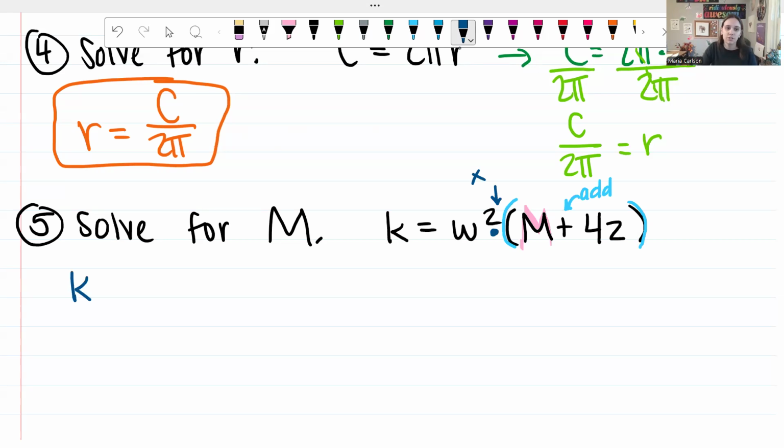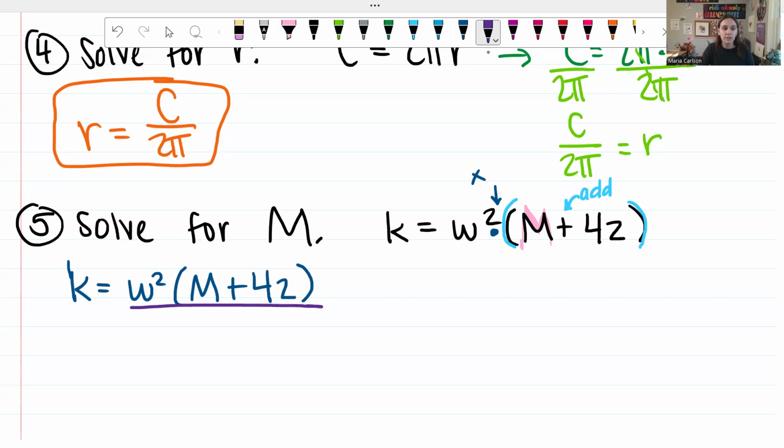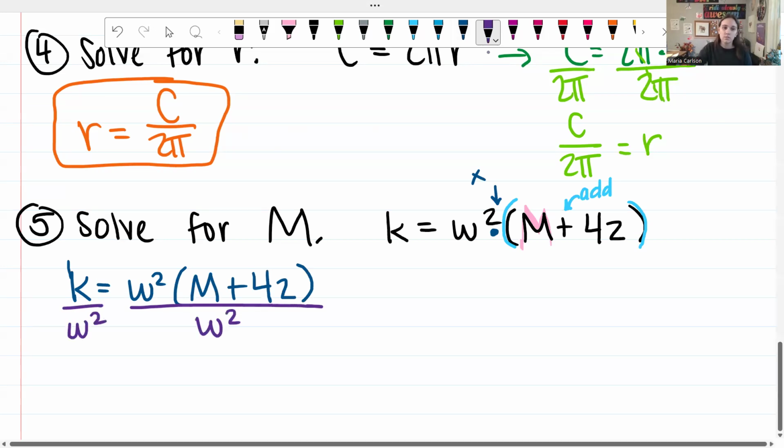So I'm going to rewrite the equation again. I just think that's always such a good step so I can see the original before I start doing a bunch of stuff. All right, so divide both sides by that W squared. So the W squareds will cancel on the right.